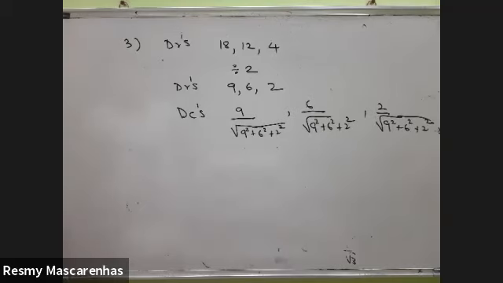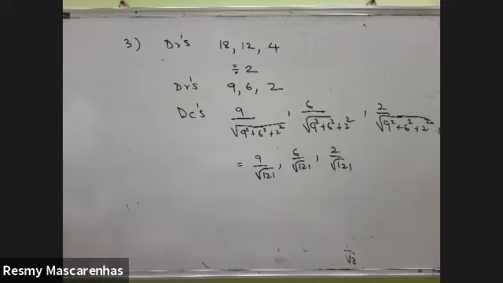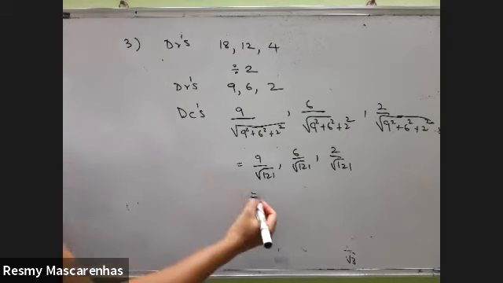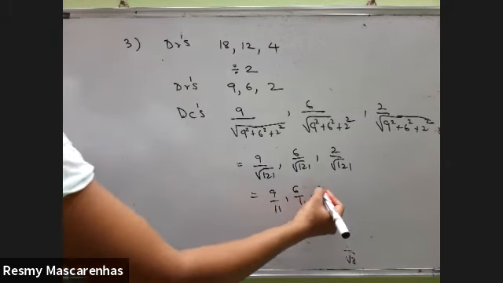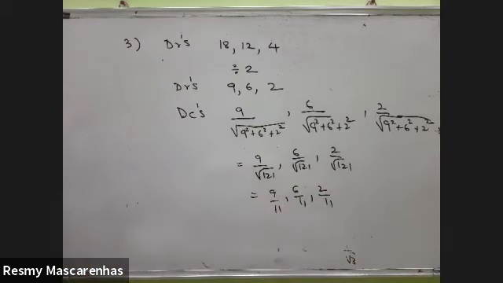Root 121, that will be 11. So 9 upon 11, 6 upon 11, 2 by 11. So this will be the direction cosines.